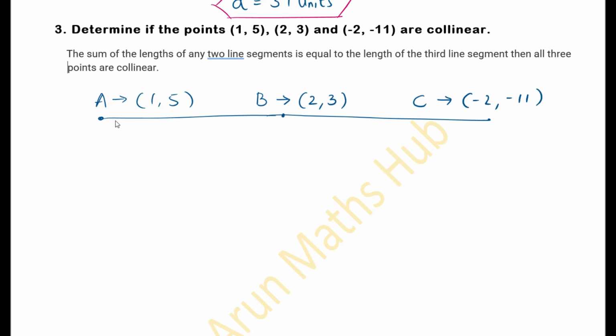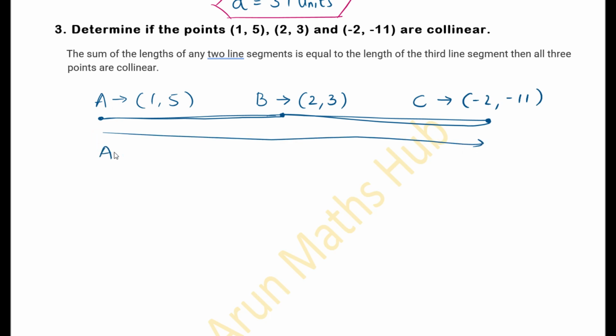By using the distance formula. Find out the length of the line segment AB, then BC, then AC. Check whether the addition of AB and BC is equal to AC. Then we can say that the points are collinear.